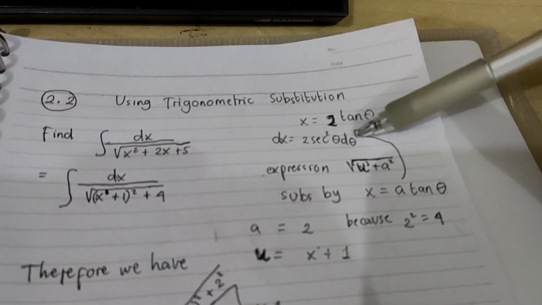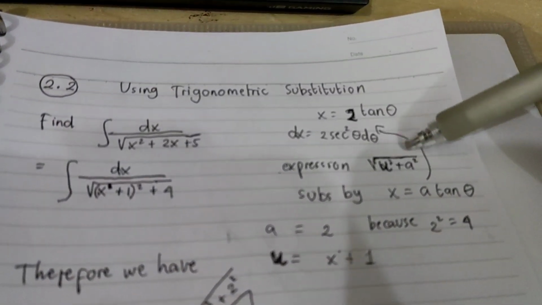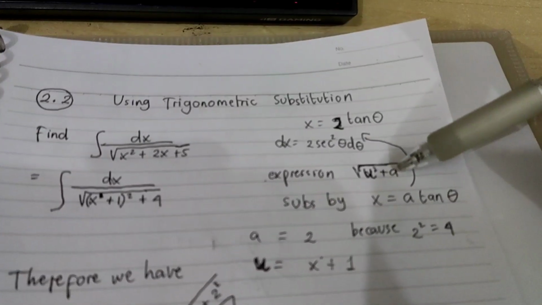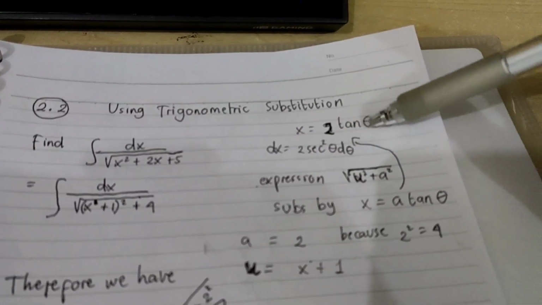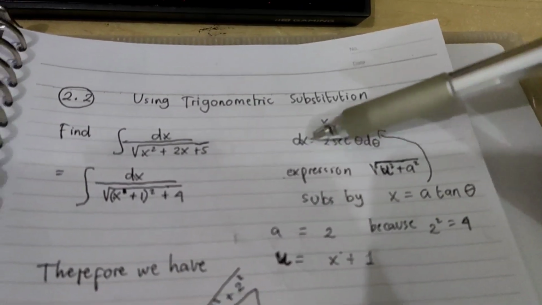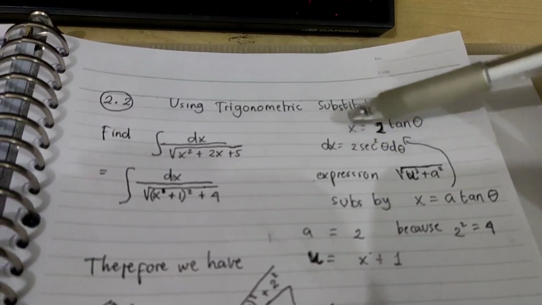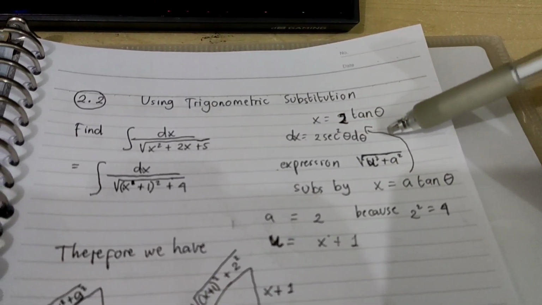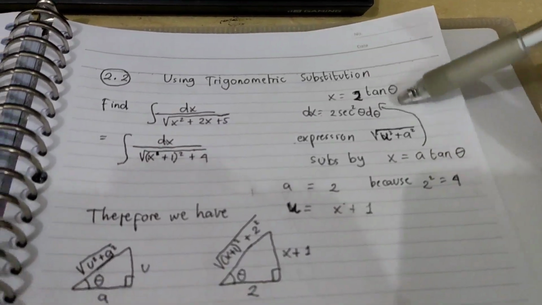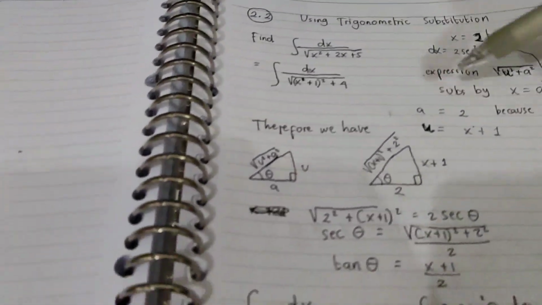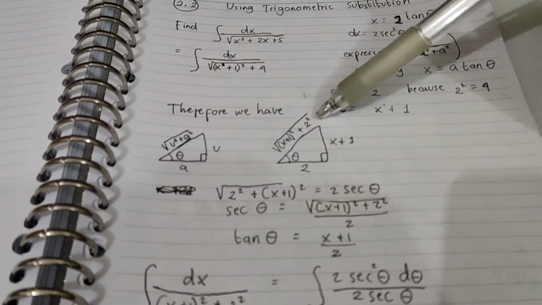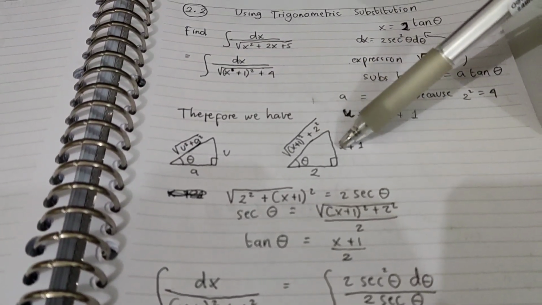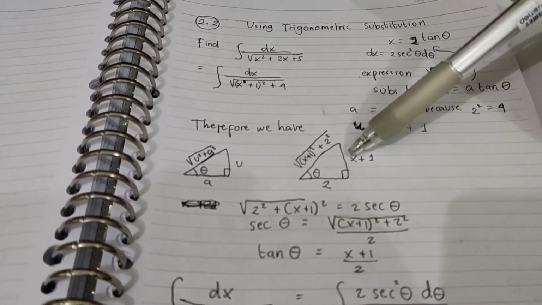So after we have the substitution of this expression, we can also find the derivative of x, which is dx equal to 2 secant squared theta d theta. After that, we're going to draw the trigonometric triangle.